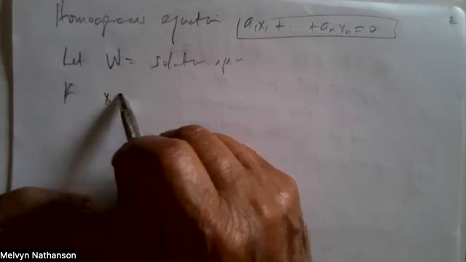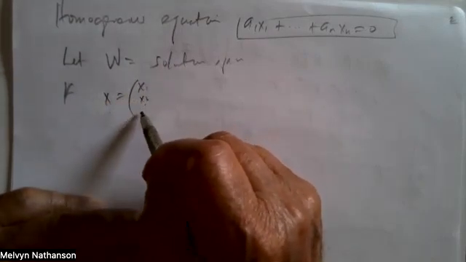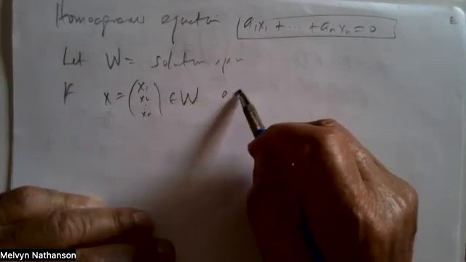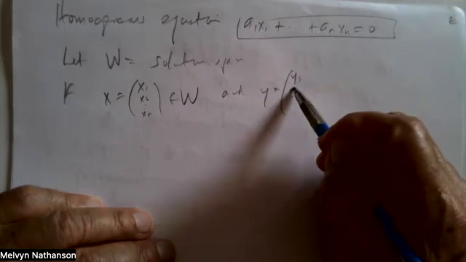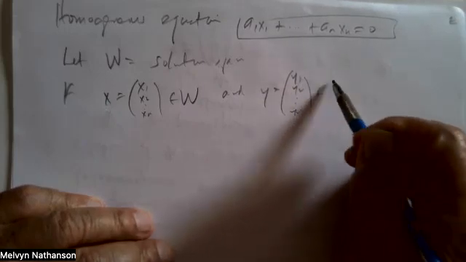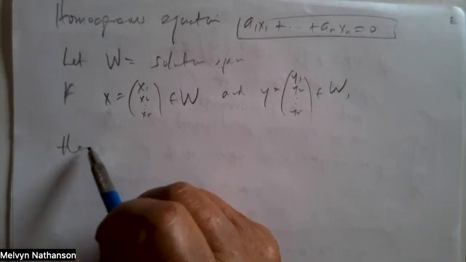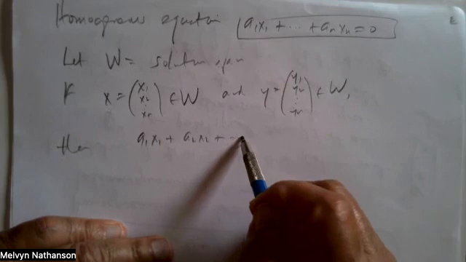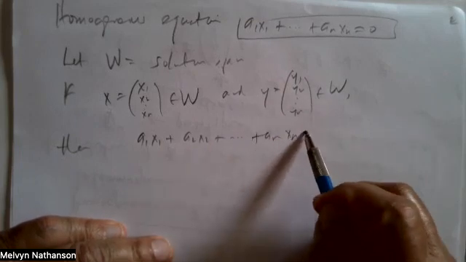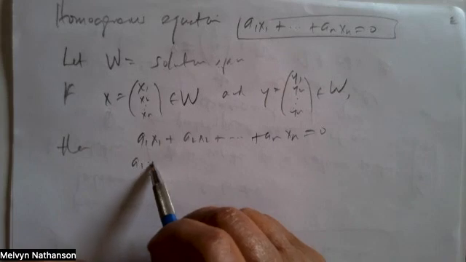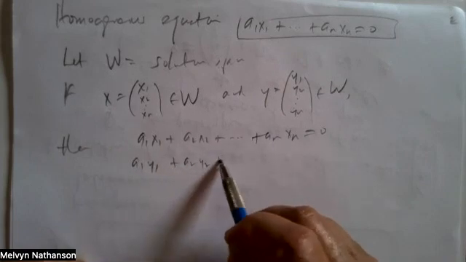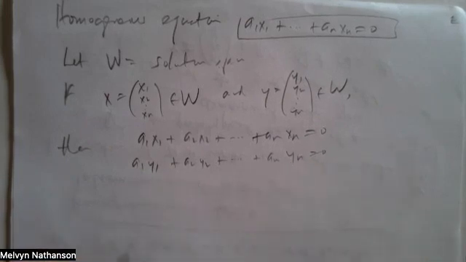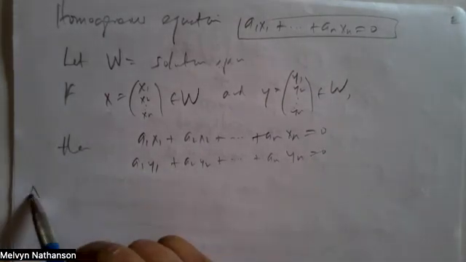So if x, which is this column vector x1 up to xn, is in W, and if the vector y is in W, what does that mean? It means that a1x1 plus a2x2 up to an xn is 0, and a1y1 plus a2y2 up to an yn is 0. Both of these equations are satisfied.